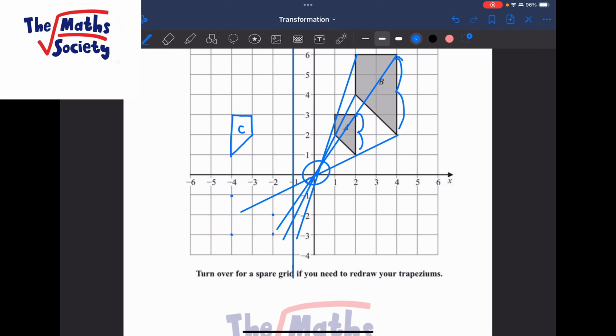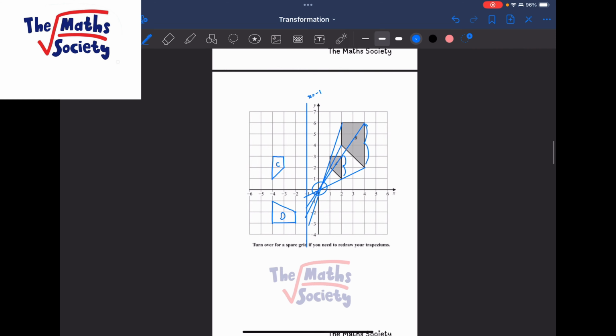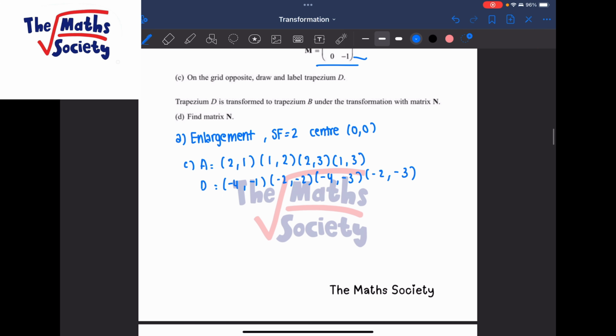So this should be the trapezium. We'll probably just erase a little bit of these. And this is D.